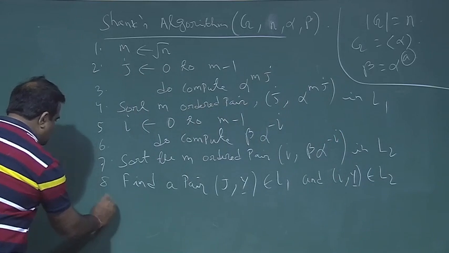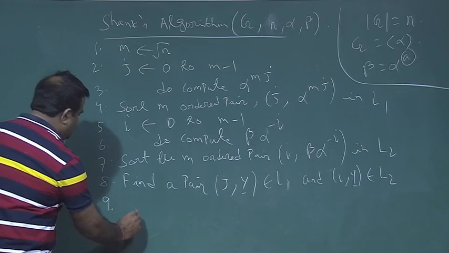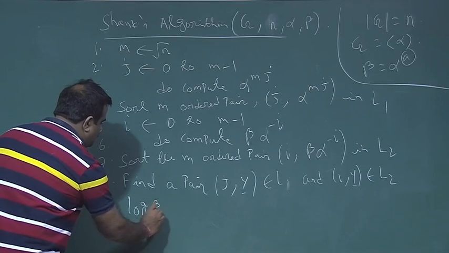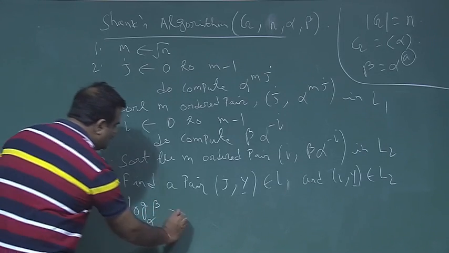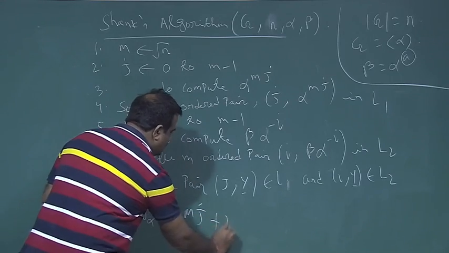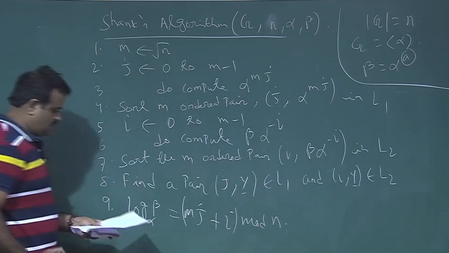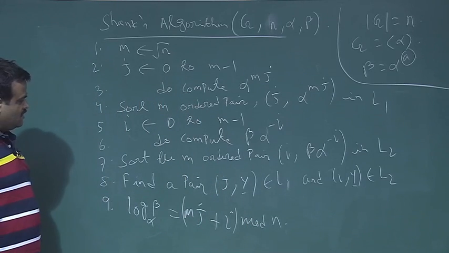Then our log of beta to the base alpha is basically mj plus i mod n.